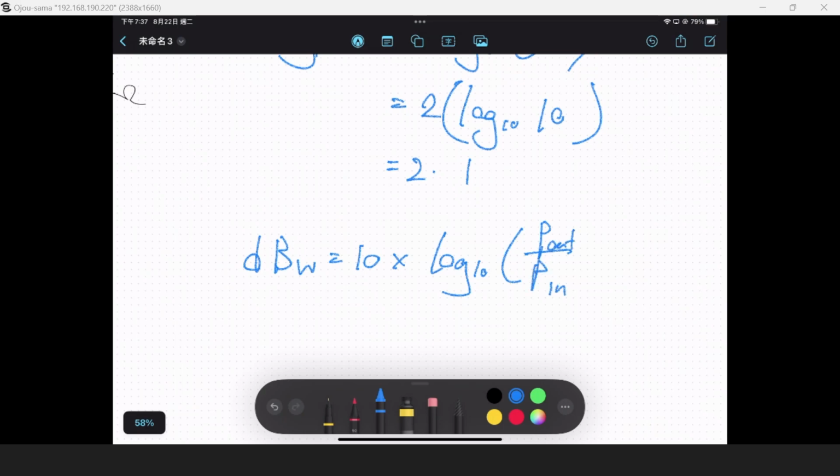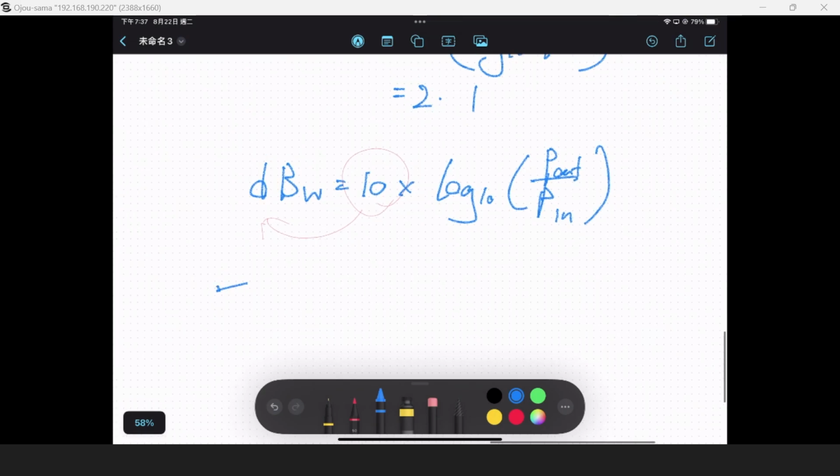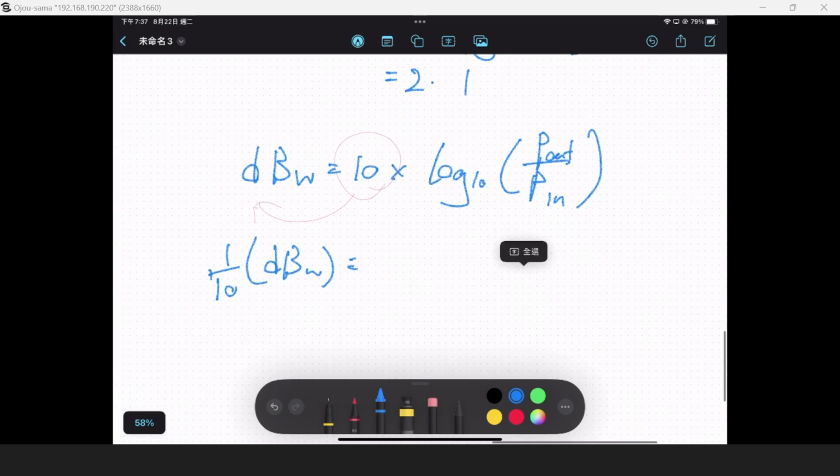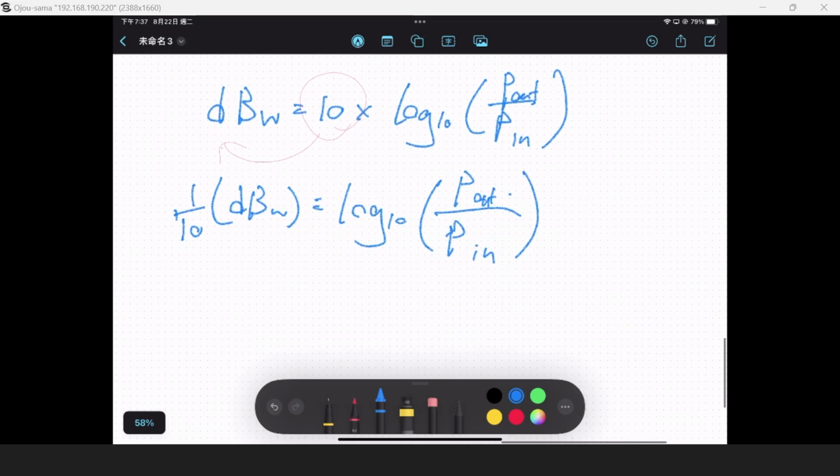So we have to move this 10 to this side, which becomes 1 over 10 dBW. dBW, just treat it as a variable first. Log base 10 of P out over P in. Okay.